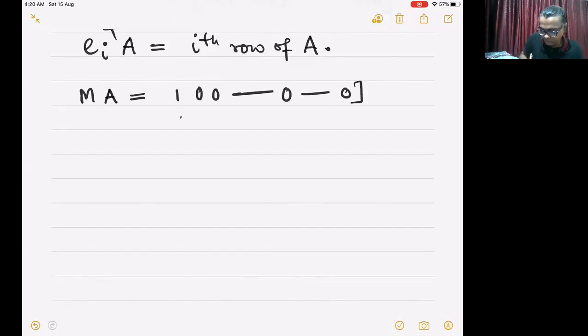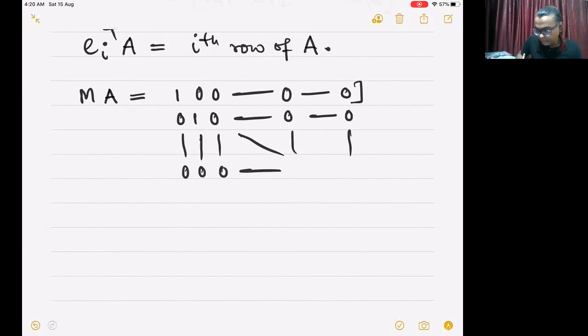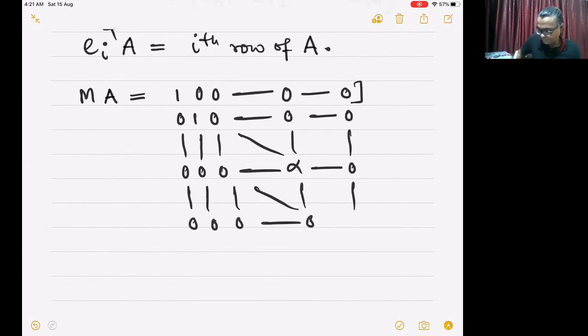The second row should remain unchanged, so 0, 1, 0, 0, 0. This should continue till I have 0, 0, 0. At the ith position, if I put an alpha and 0, then see what happens. 0, 0, 0, 0, 1.